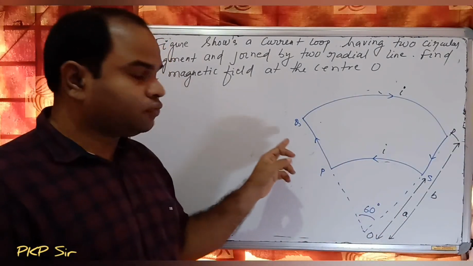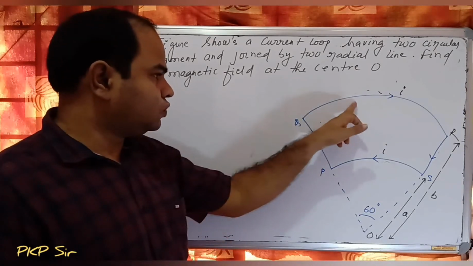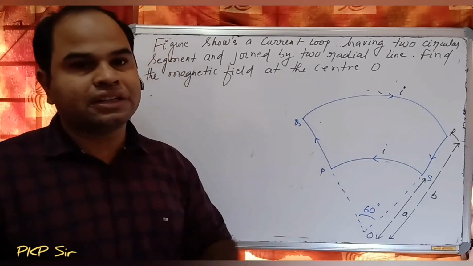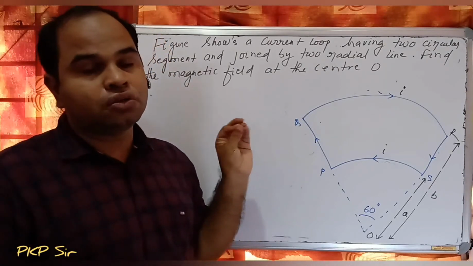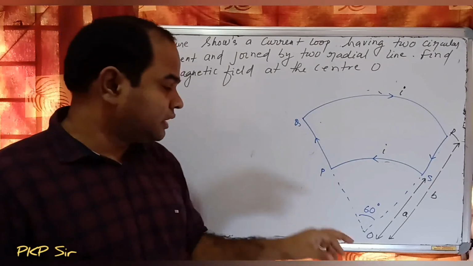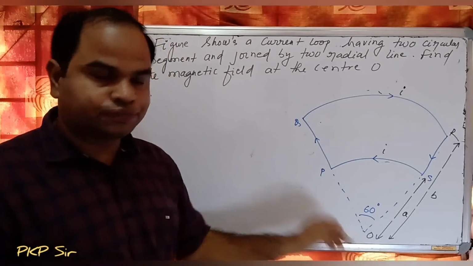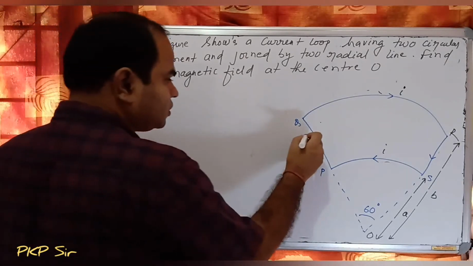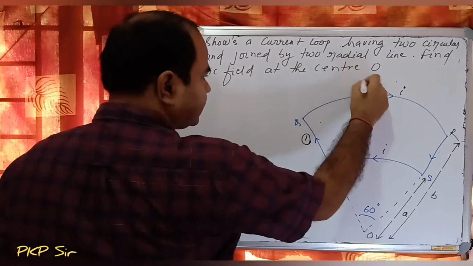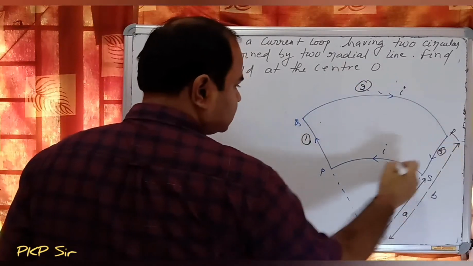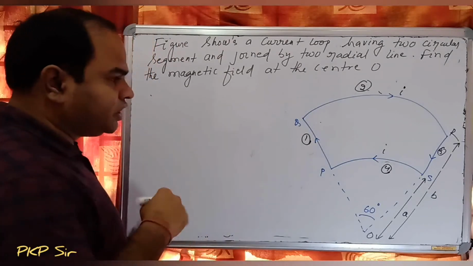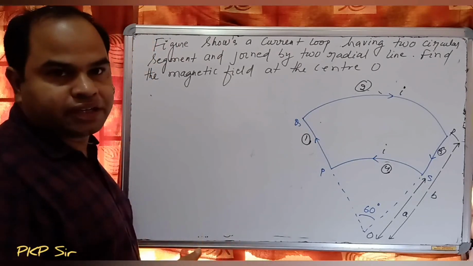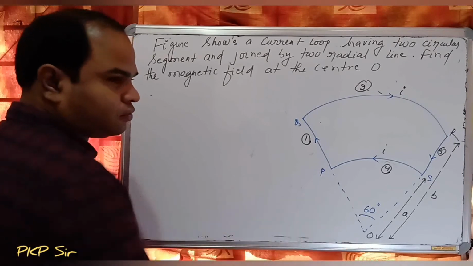It has 4 conductors: 1, 2, 3, 4. We have to find the net magnetic field due to the current loop at the center O. Let us assume this is the first conductor, this is the second, this is the third, and this is the fourth conductor. So all the individual conductors produce a magnetic field at the center O.